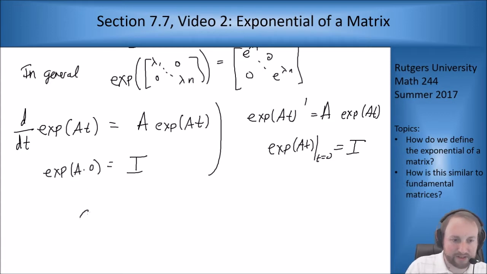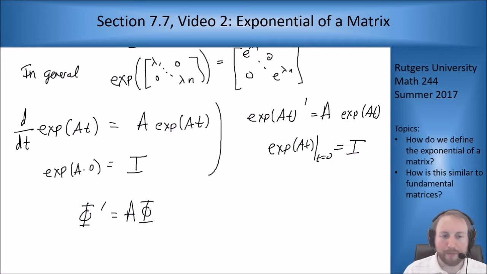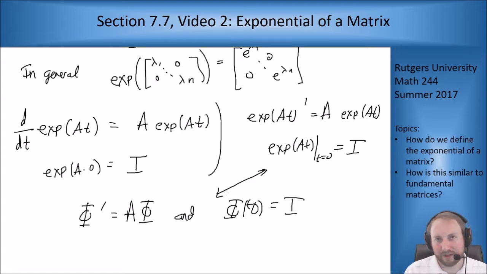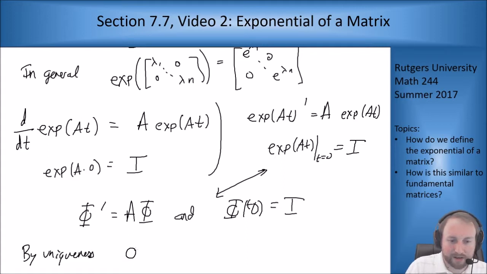We saw that basically from the equation itself, phi prime is going to be A times phi, because each column of phi satisfies that equation. And phi of 0, or of t0, I guess, is the identity. So these two solve the same equation. And since A is a nice matrix, we have existence and uniqueness theorems. So by uniqueness, phi equals the exponential of At.